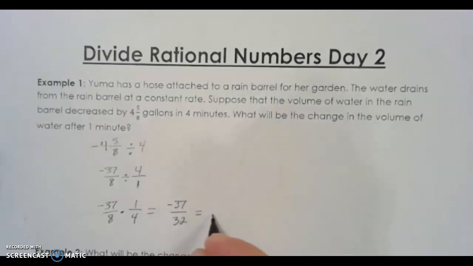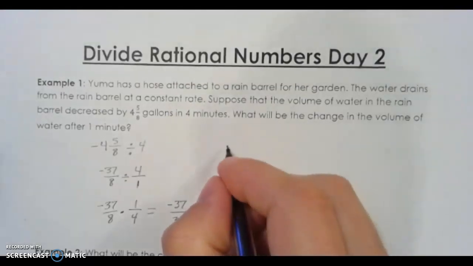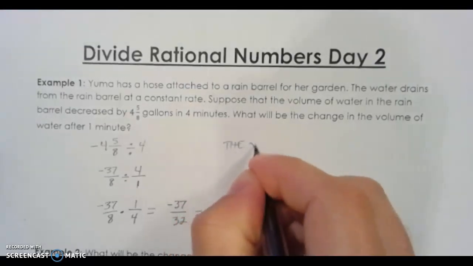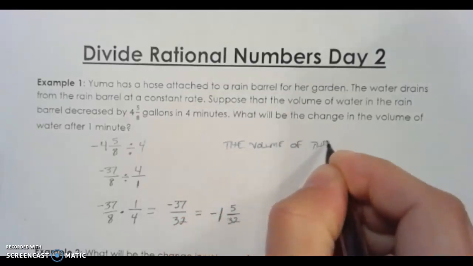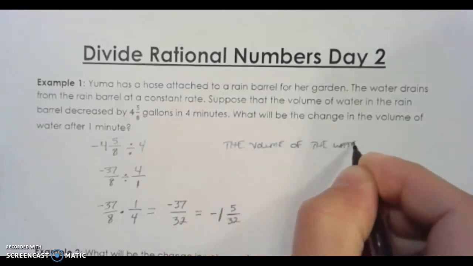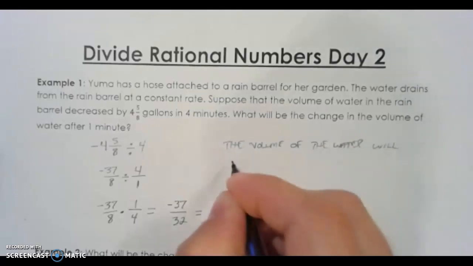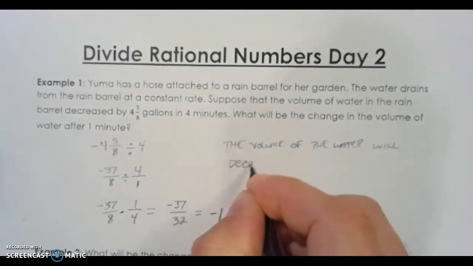And that's going to be the same as negative 1 5/32. So I can say now that the volume of the water will decrease.